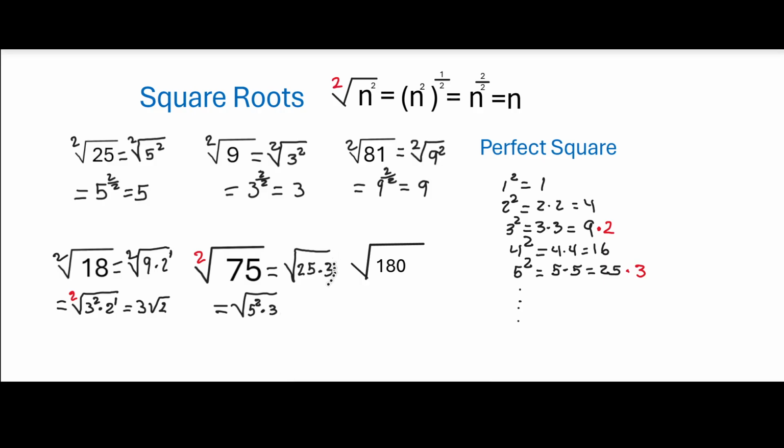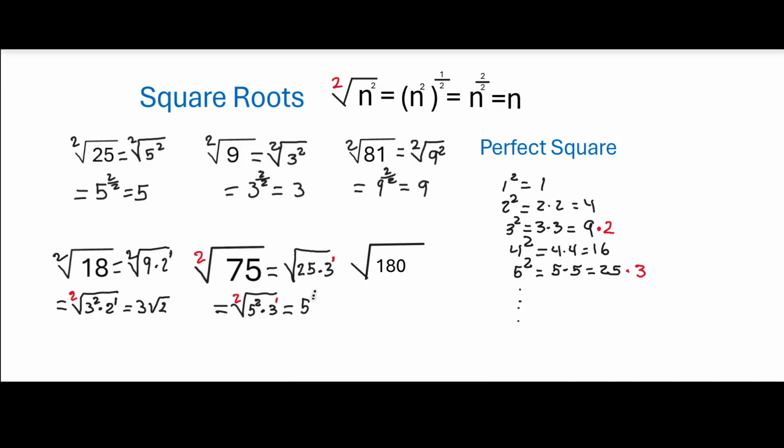But you see this number 3, you don't see the exponent, right? So the exponent is going to be 1. And we say square root because the number outside is 2. Now, if we can divide the exponent by 2, that means that number 5 is going to be outside the square root. So 2 divides 2, you get 5 to the first power.